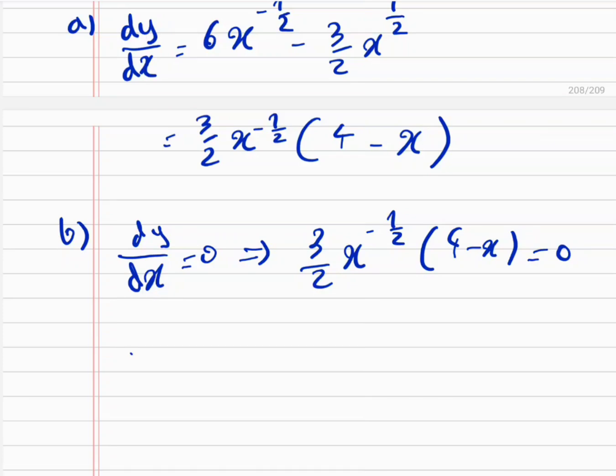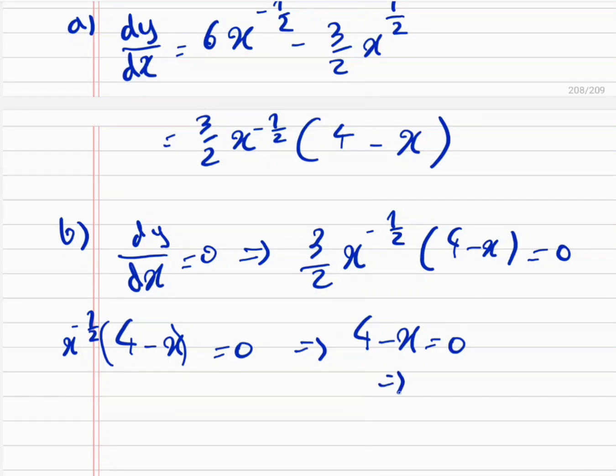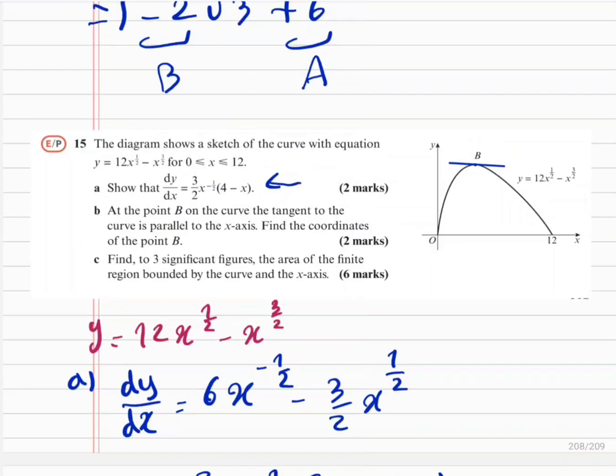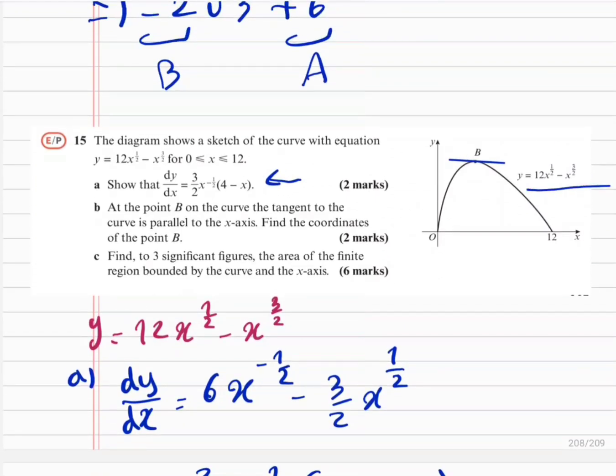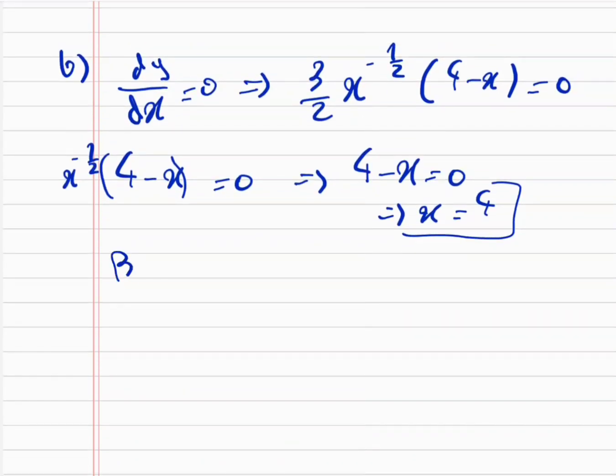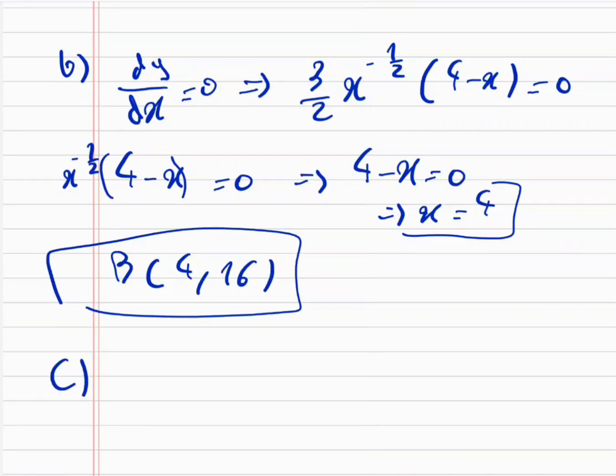Then we have 4 minus x, and also x to the power minus a half, is equal to 0. This simplifies to 4 minus x is equal to 0, and x is simply equal to 4. So 4 is the x coordinate of point B, and for the y coordinate, we substitute 4 into this equation. Therefore, point B has coordinates 4 and 16. And that's the answer to part B.